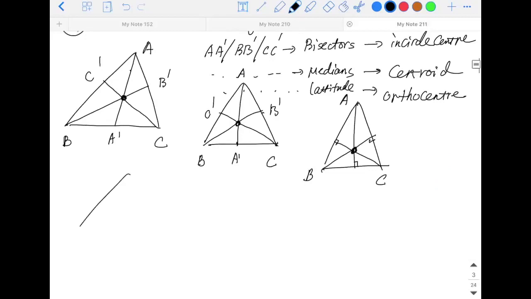For instance, the 3 perpendicular bisectors of our 3 sides can also intersect altogether. A perpendicular bisector of a side is a segment which is perpendicular to the side and also cuts the side into 2 equal segments. They will also meet at one point, so you can call this the circumcenter.